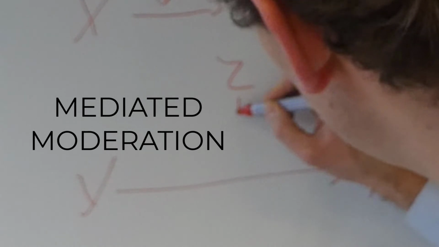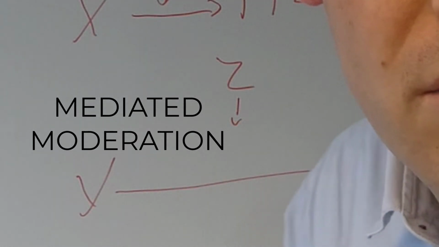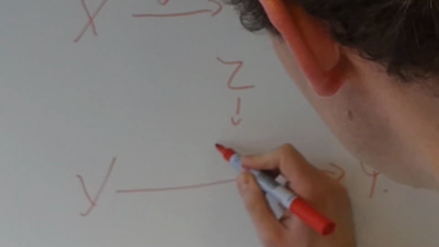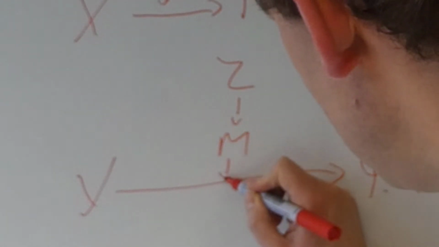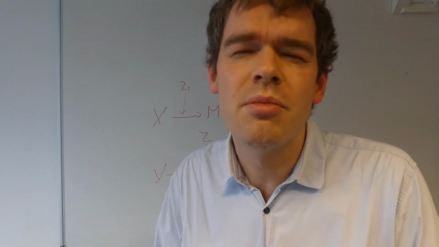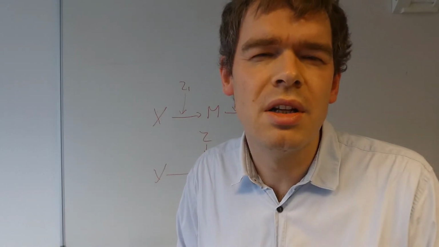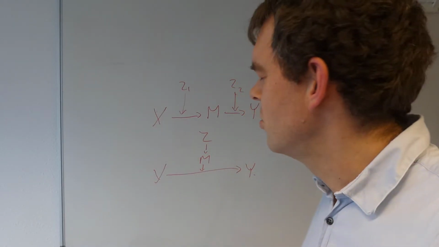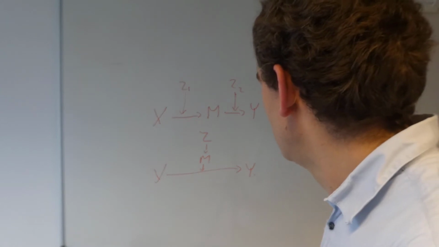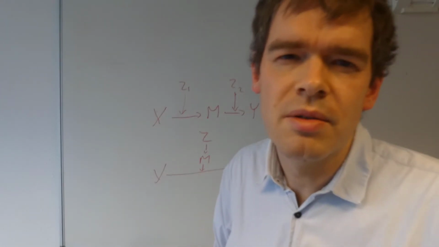But what we do not yet know, you then argue, is what mechanism explains the effect of firm maturity on the relationship between innovation and performance. So your contribution could also be one of mediated moderation.